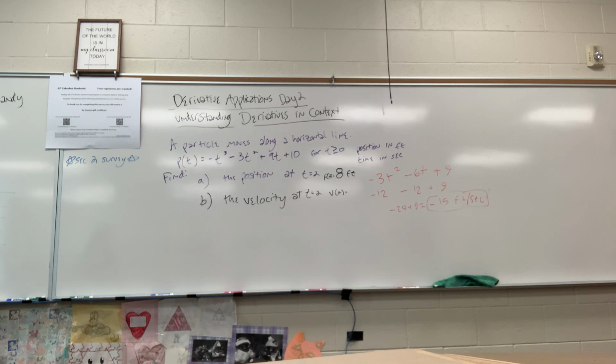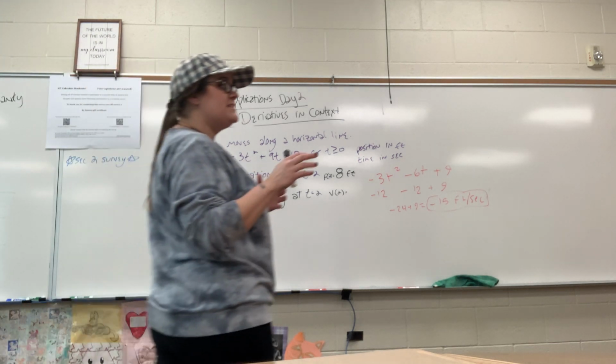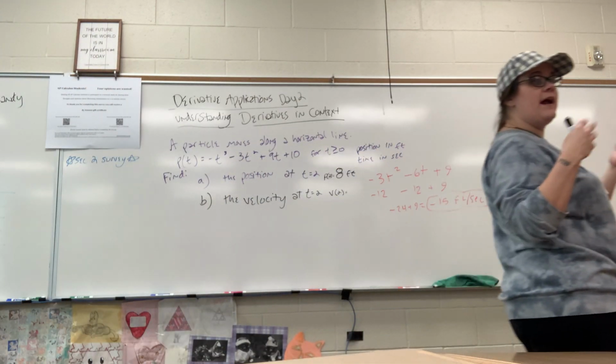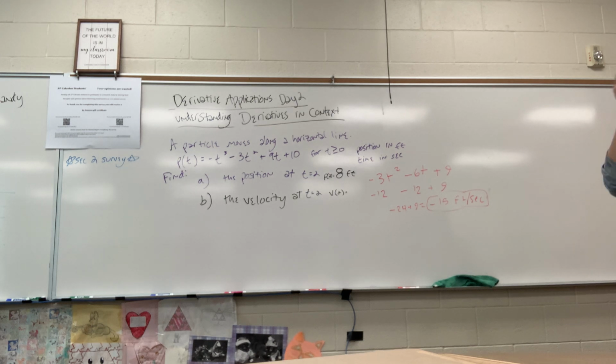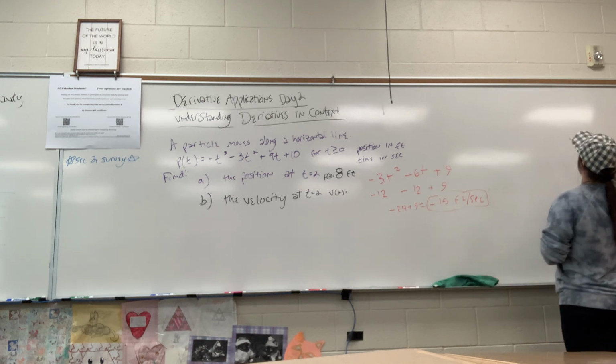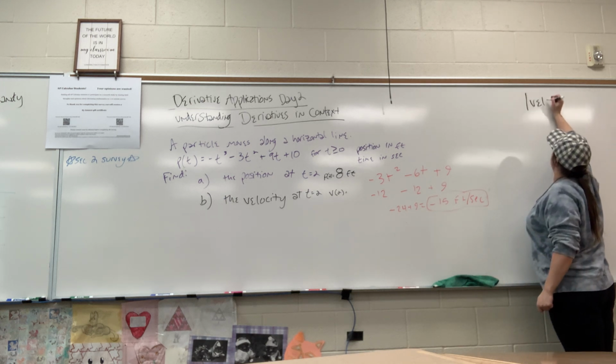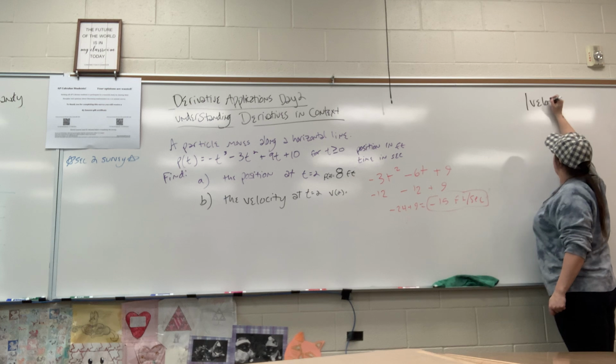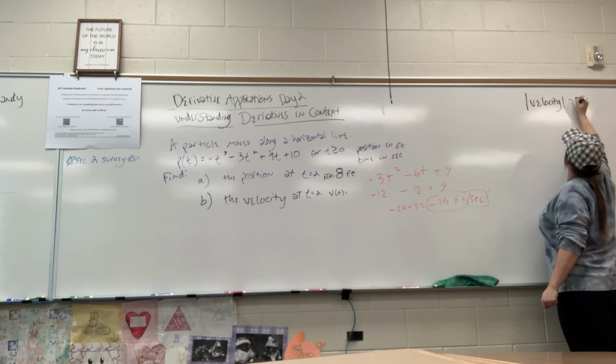I can never have a negative speed, right? Speed takes the direction out. It still deals with how fast something's moving, but without the direction, so it takes out the negative. So what math operation does that? Good. The absolute value of velocity is the speed.